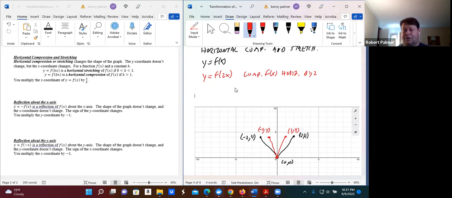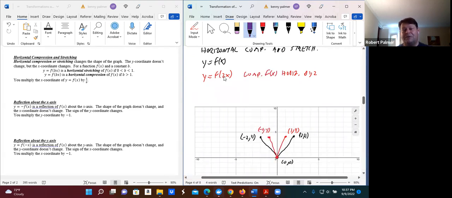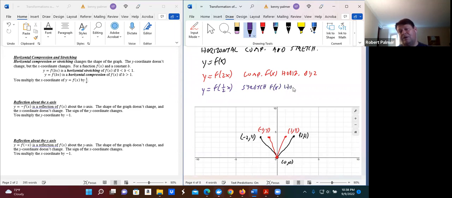Okay. Then, once again, of course, let's do an example of horizontal stretching. If we just make this number 1/2 now, so y equals f of 1/2 x, then based on what we said, we're going to stretch f of x horizontally, once again by a factor of 2.